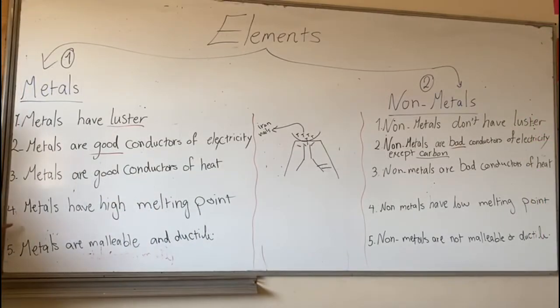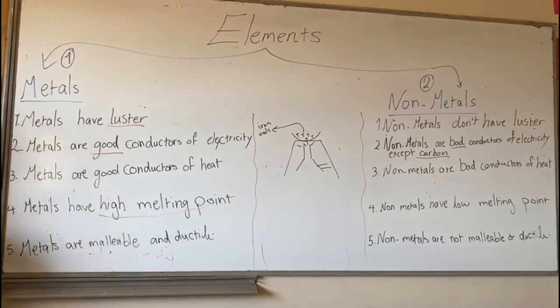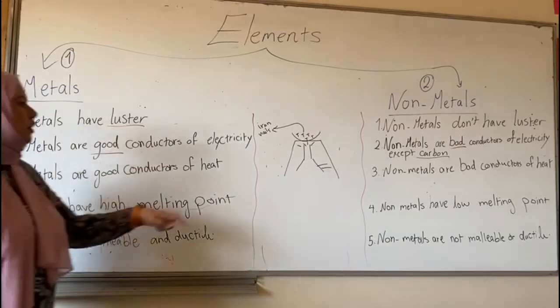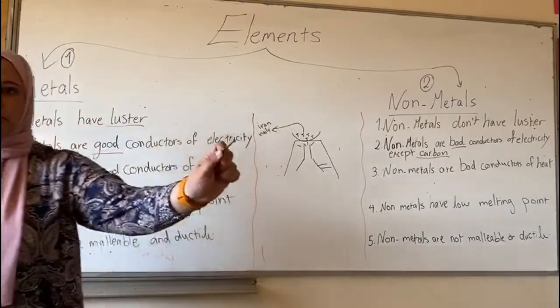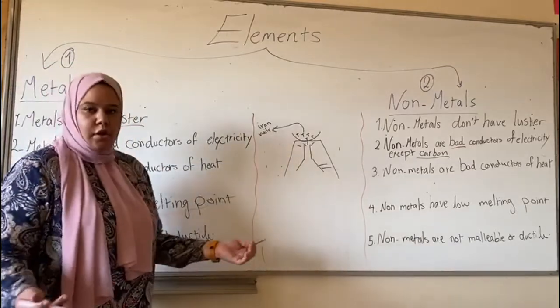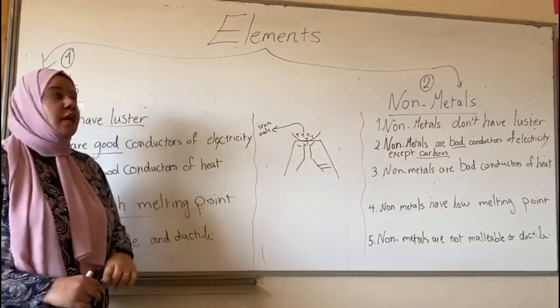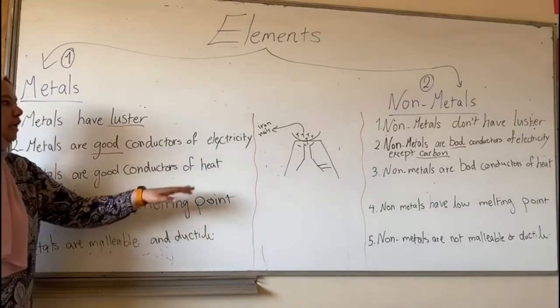Property number 4, metals have a high melting point. What I mean by high melting point is that it needs high temperature to melt. Let's make a quick activity to prove that. We need some iron nails. Put them on the flame and try to melt them. It's too hard to melt iron nails because they are metals and metals have a high melting point.